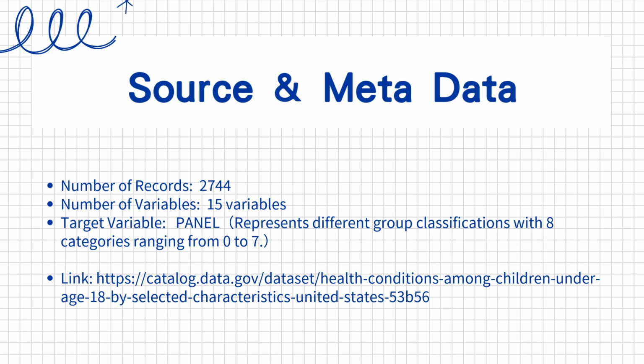The target variable is panel, which represents group classification with 8 distinct categories ranging from 0 to 7. The dataset was sourced from a public repository, providing insights into various health indicators. For more details, refer to the data's link.